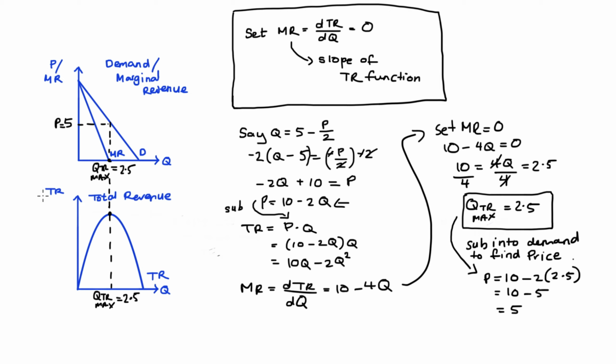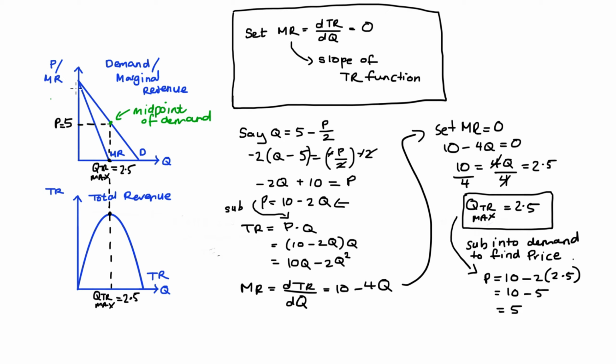Now it's worth noting that if we have a linear or straight line demand curve, and we do in this case, then this point where our total revenue is maximised actually corresponds to the midpoint of our demand curve. So this is really a second, or different, and perhaps in some circumstances easier way to find our maximum of total revenue. So before I end this video, let's see this.